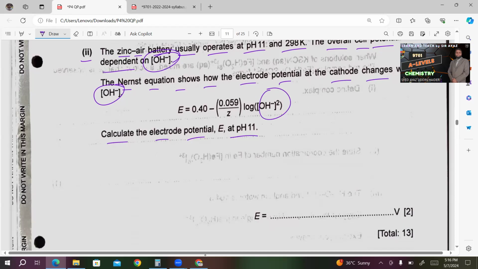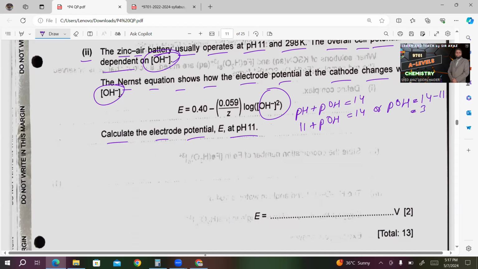First, you know that pH plus pOH is equal to 14. pH is provided as 11. So 11 plus pOH is equal to 14, or pOH is equal to 14 minus 11, which gives 3.